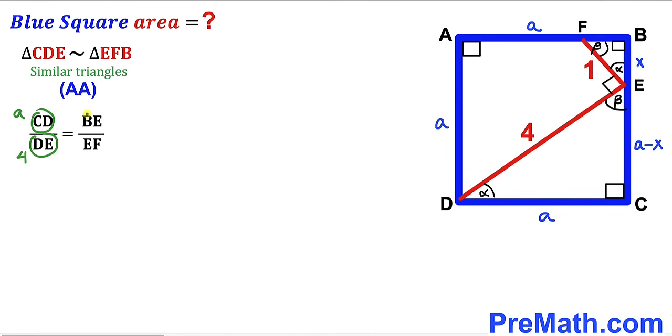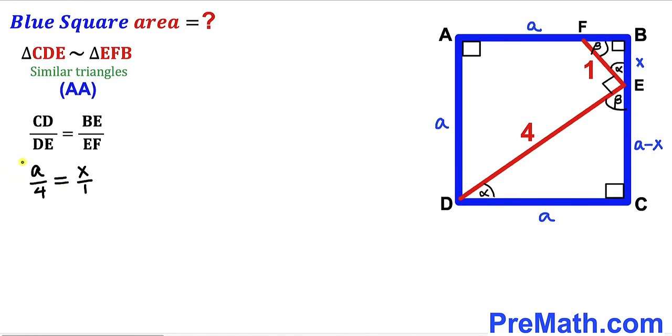On the other side, this BE length is represented by lowercase x, so I'm going to substitute that with x. Finally, this segment EF length is 1 unit, so I'm going to replace that with 1. So we can write a divided by 4 is going to be equal to x divided by 1.